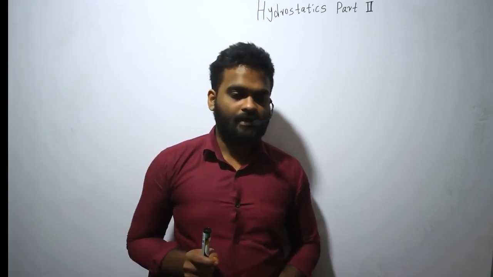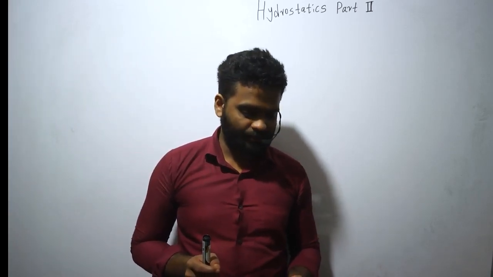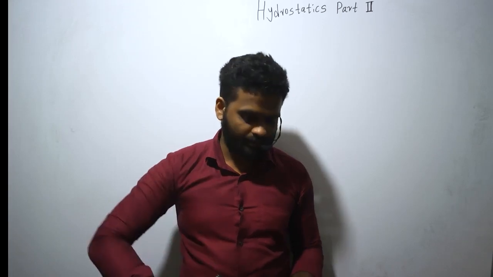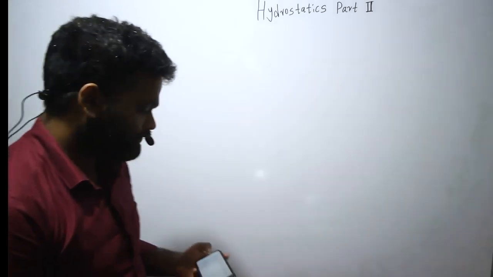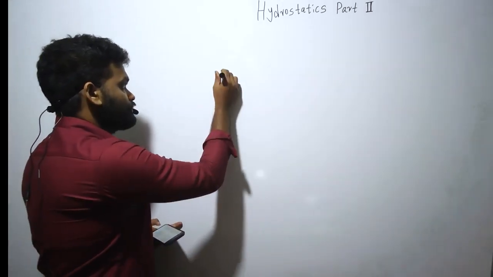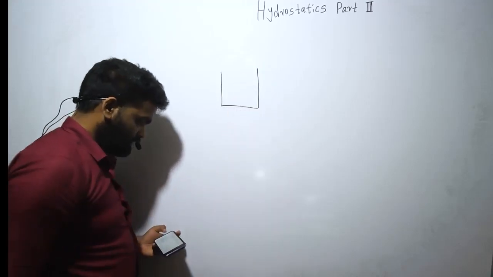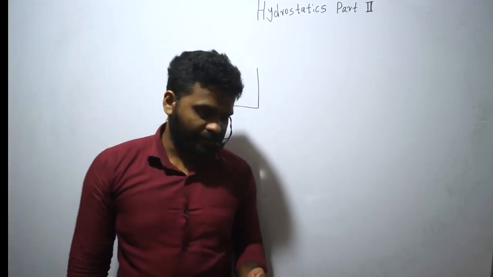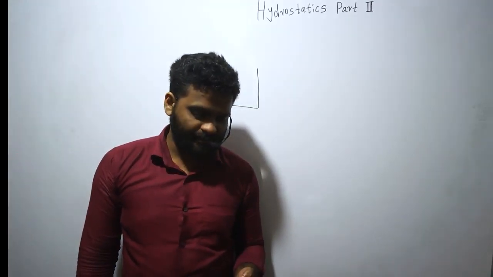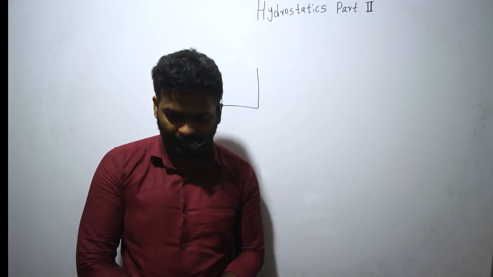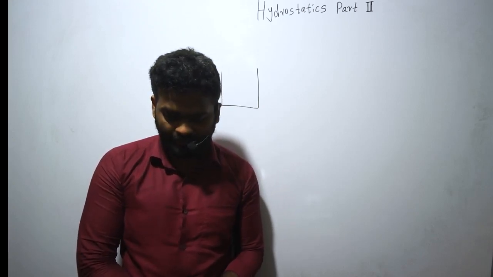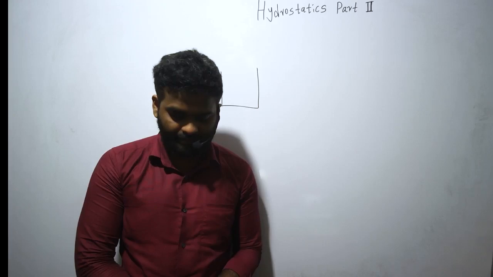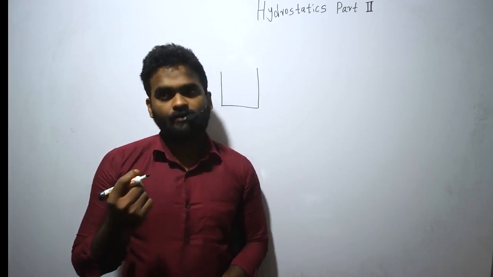Second question: a vessel with uniform cross section floats on water. When water is added to the vessel, the variation of height h of water level inside the vessel versus the gap between the water level inside the vessel and outside, capital H, is shown by which graph?